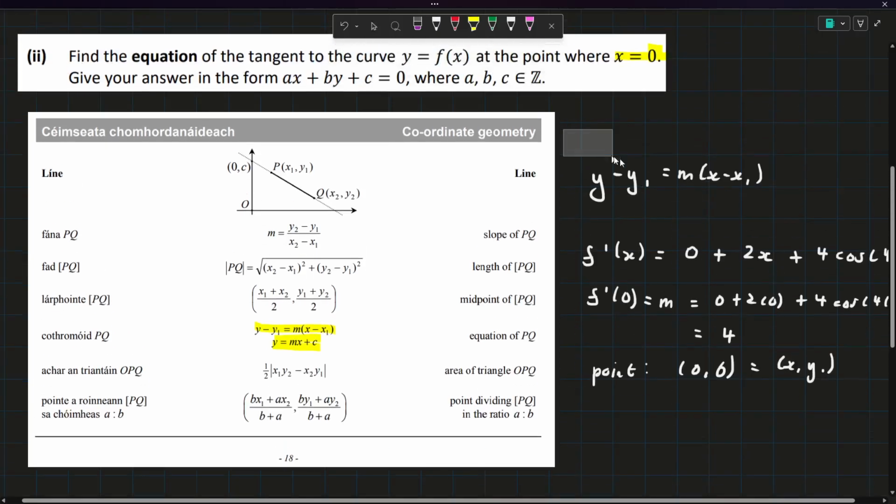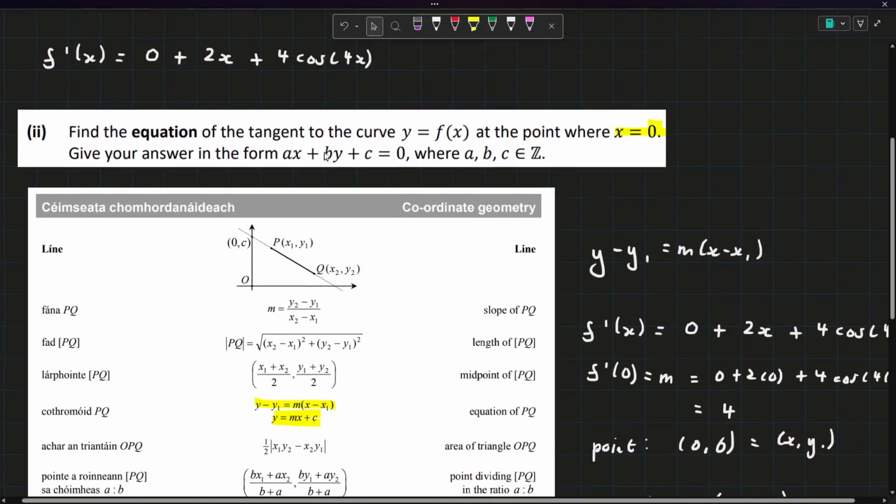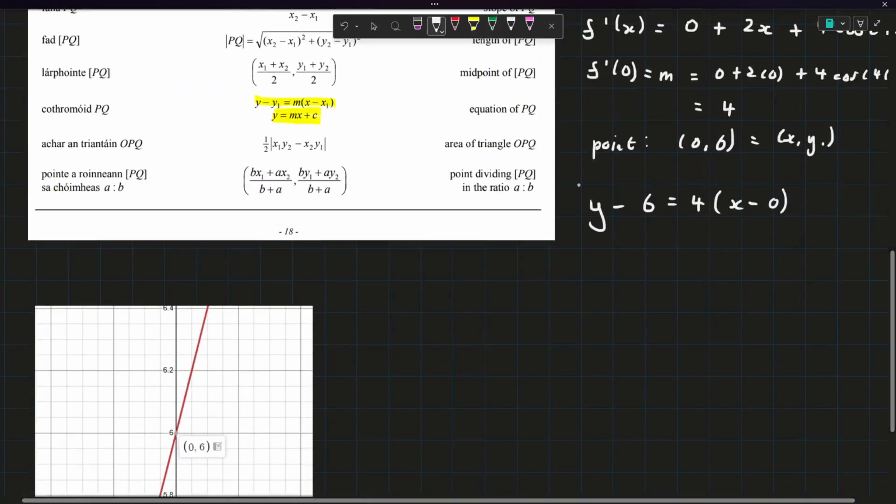And then we can just sub everything into this formula, and that'll give us the equation of the line. So we can say y minus, and then y1 is 6, equals m, which is 4, times x minus x1, which is 0. And then we have to rearrange this to be in the form ax plus by plus c equals 0. So we need to bring everything to the left side when we simplify. So y minus 6 is equal to 4x.